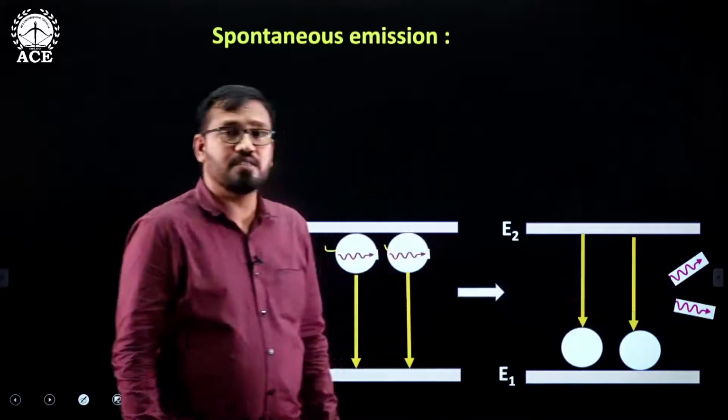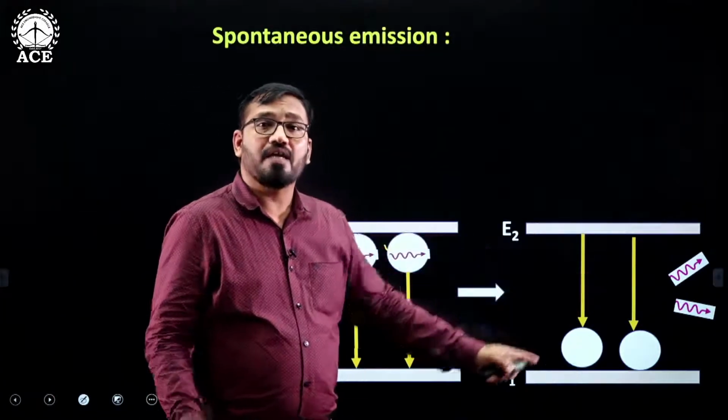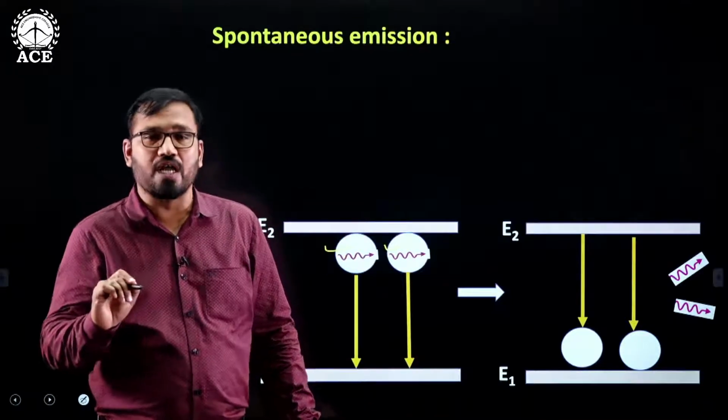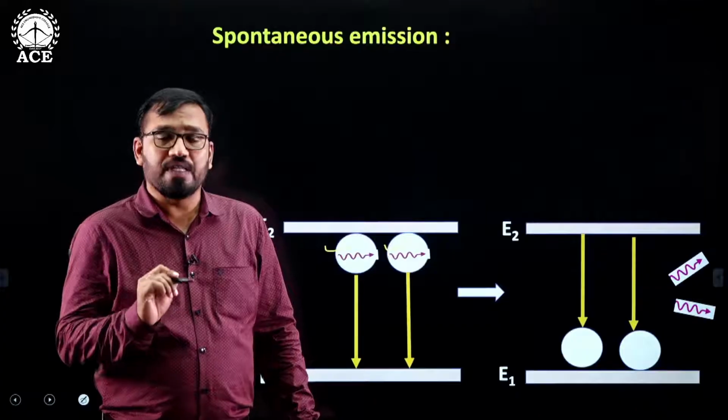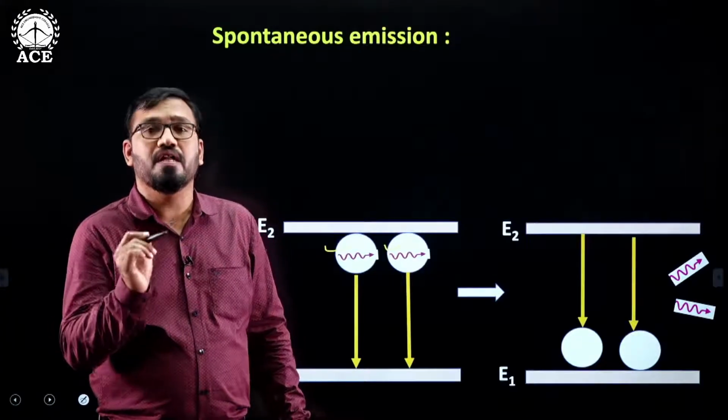How are the photons? By seeing these photon directions, they are not in phase. They do not have any directionality. When they are not in phase, their energy will be less, meaning they are ordinary light.